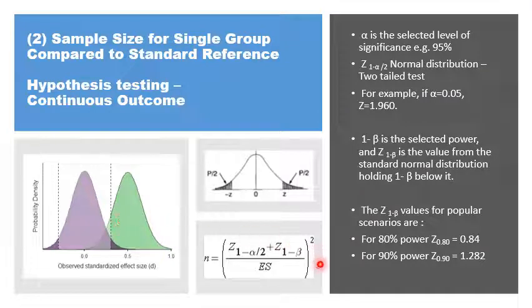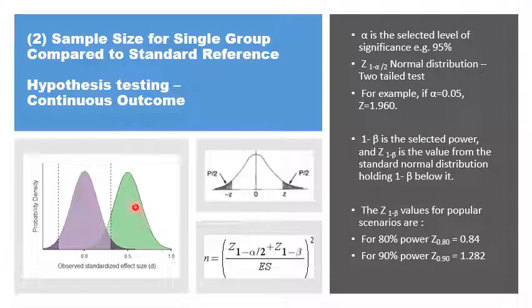The equation, again, depends on three factors. How much you would allow for type 1 error. This is the level of confidence you would choose. How much you would allow for type 2 error. This is how much power you need for this study. And the effect size, which is the difference between your group and the standard measurements divided by their standard deviation.